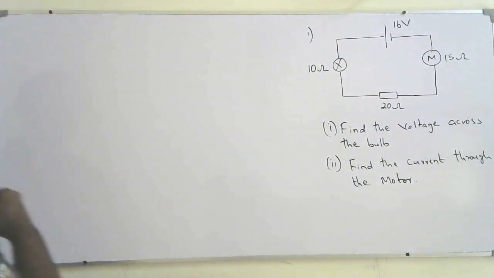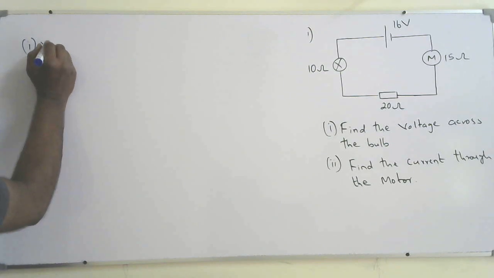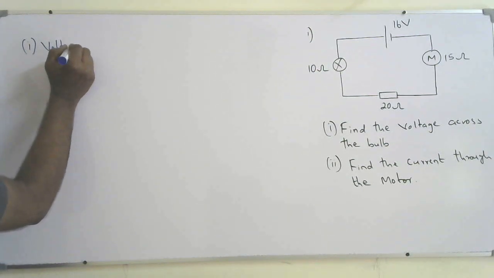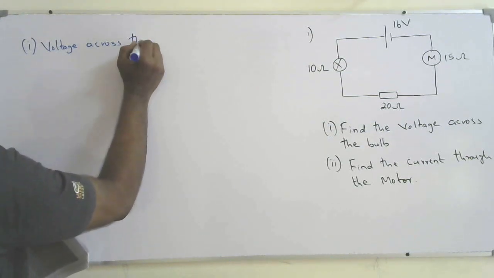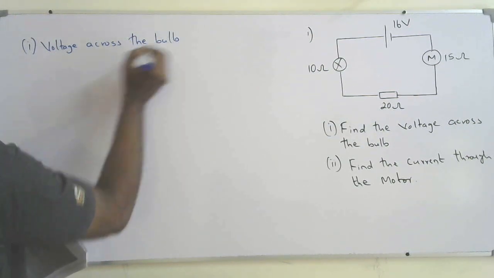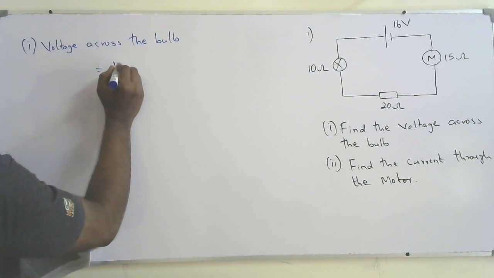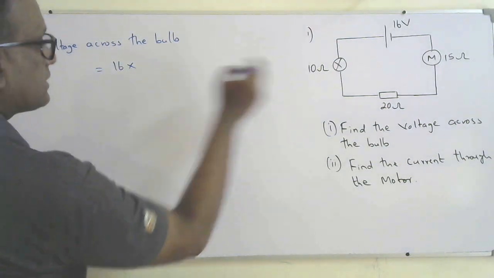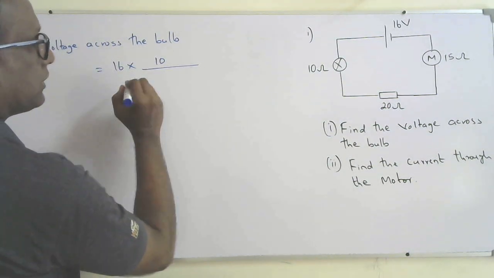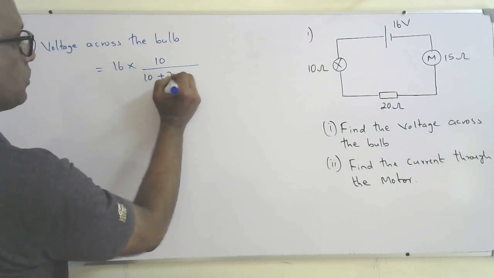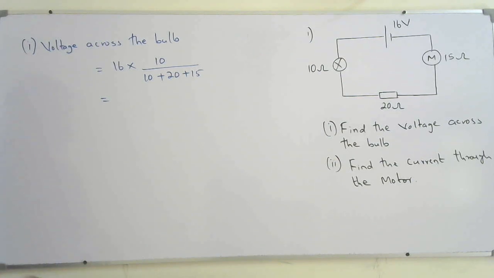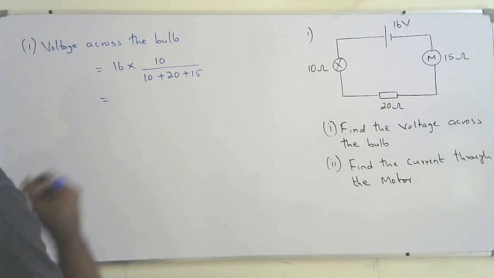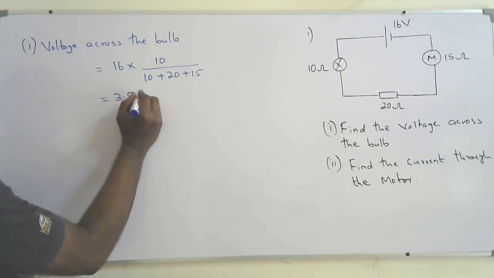So the voltage across the bulb is equal to the total applied voltage times the resistance of the bulb divided by the total resistance, 10 plus 20 plus 15. If you solve it, you will get the voltage across the bulb, which will be 3.56 volt.